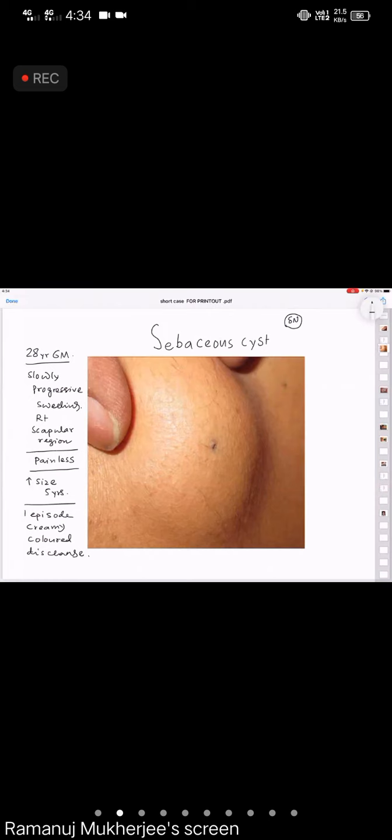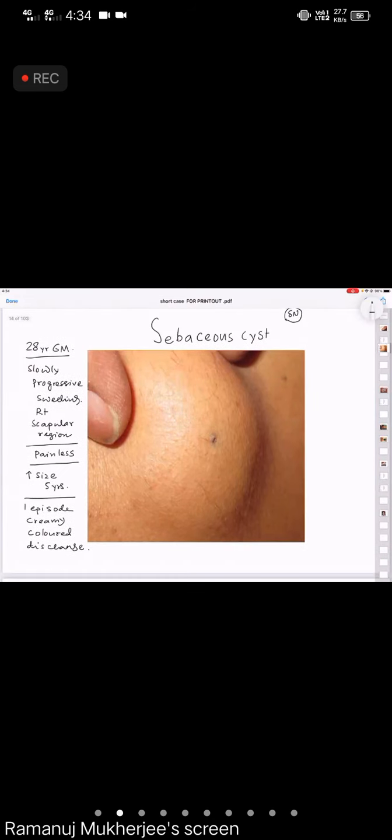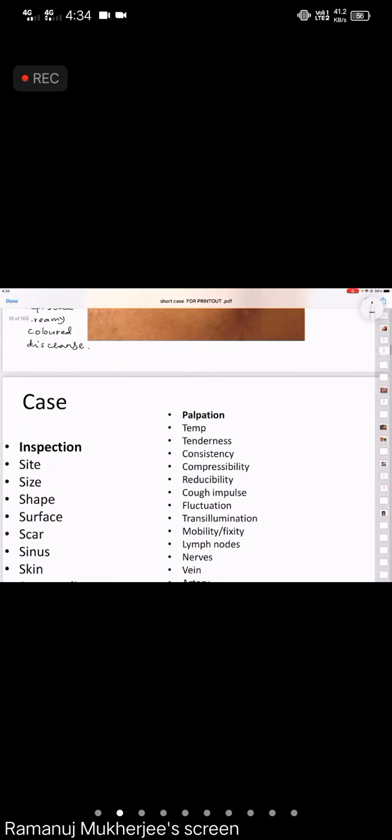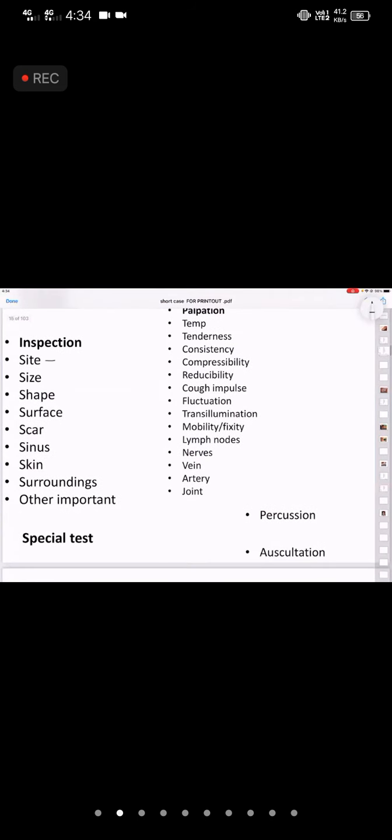Completed, sir. Completed? Very good. Now, I think all of you have seen the swelling, you have completed writing. So let us go to inspection. The site is the right scapular region. Size is approximately, say, 2 centimeter by 5 centimeter.